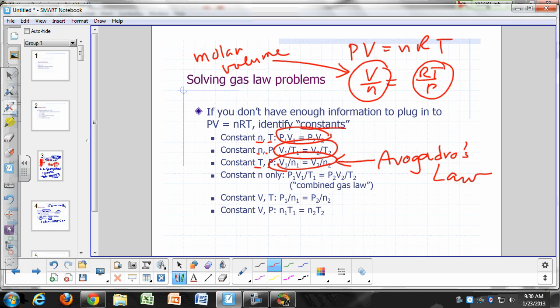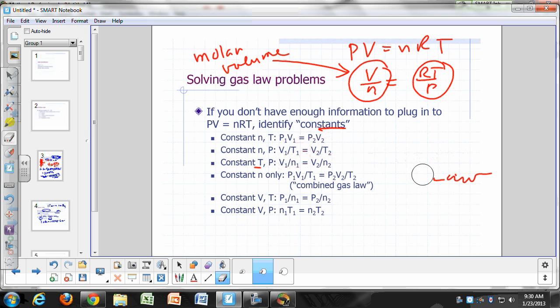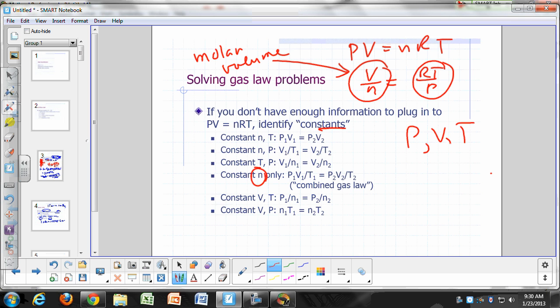Now, if you only have one constant, like only the amount of gas is fixed, then pressure, volume, and temperature could change. Three things that could change. Then you can say P1 V1 over T1 is equal to P2 V2 over T2. Why is that?